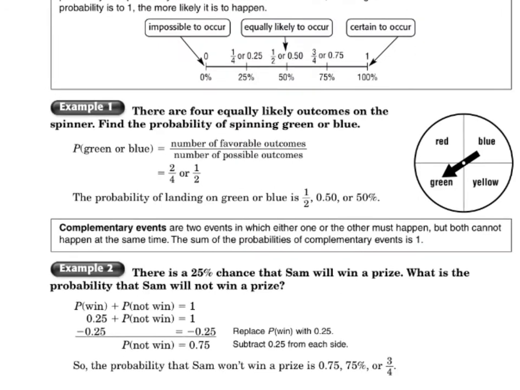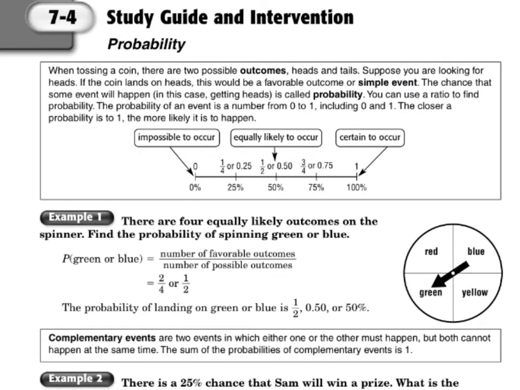Okay, right here it says, when tossing a coin, there are two possible outcomes. So in your Cornell notes, I want you to record that outcomes are what could happen.